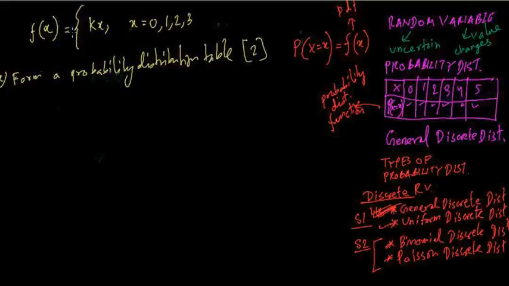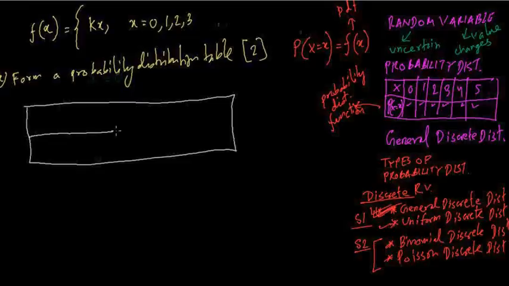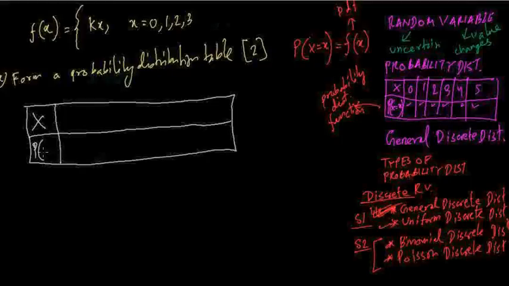Now, in order to form the probability distribution table, it is important to understand that this probability is equal to the PDF, the probability distribution function. So all you have to do is form a table. So put the random variable capital X and the probability P(X = x).